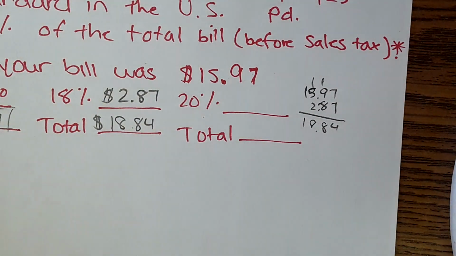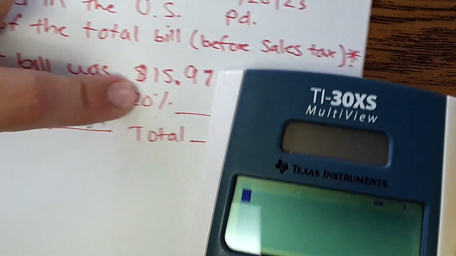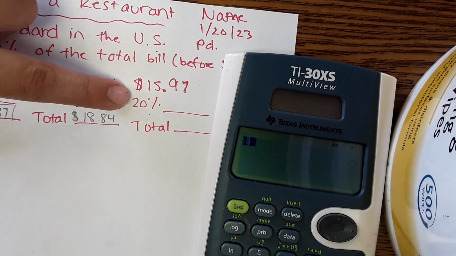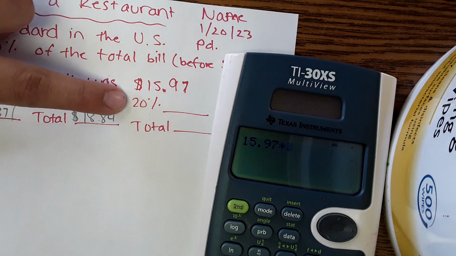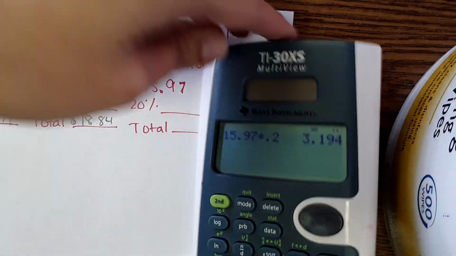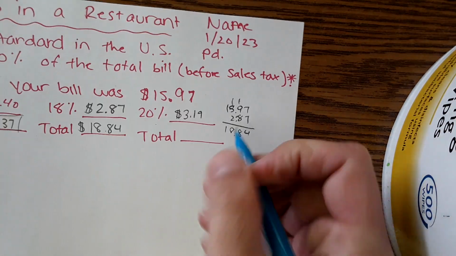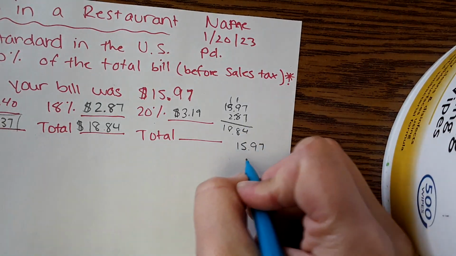And 20%, sorry, I zoomed in, but now I can't see it all. Okay, 15.97 times 0.2 for 20%, 3.19. $3.19. Again, line up your decimals.